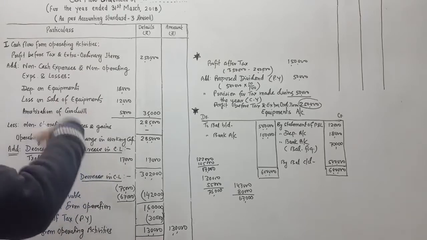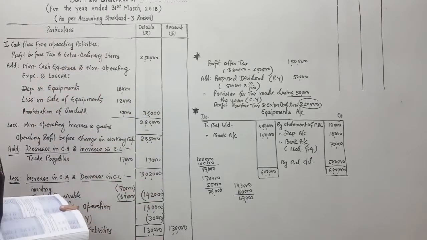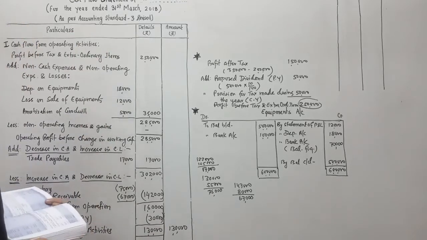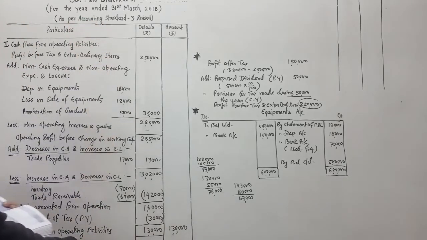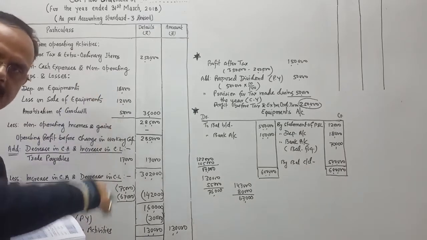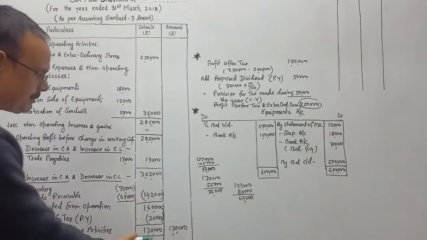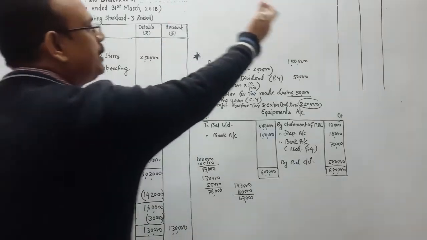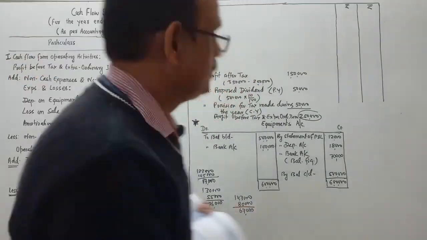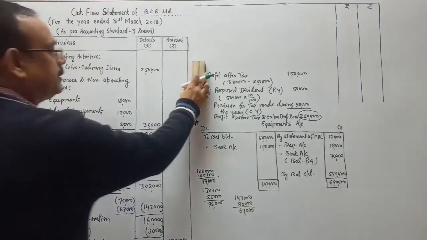Now thereafter we will find out cash flow from investing activity in continuation of the same format. This format will extend further. I am not getting space, so I move to this side for extension. Is it clear?